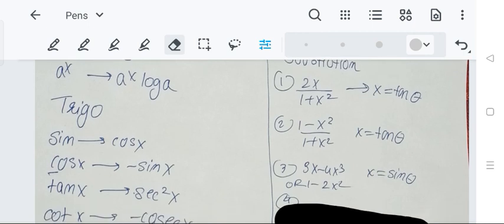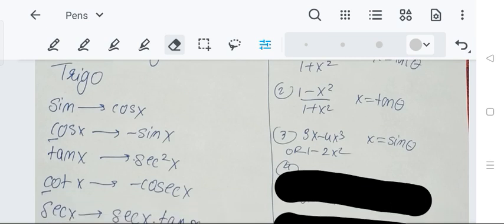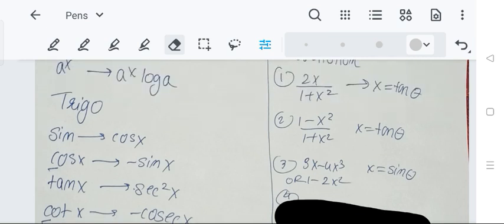I will explain the first one, why we take this substitution. For this, you need to know a little trigonometric knowledge. If we put tan theta instead of x, it will become 2 tan theta divided by 1 plus tan square theta, which is the formula of sine 2 theta. Sorry, I said it wrong.